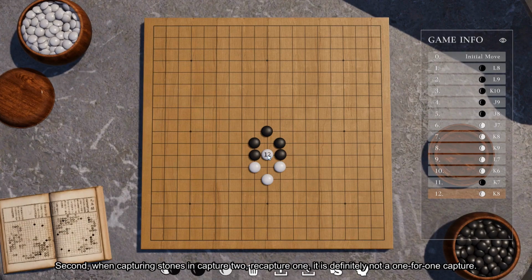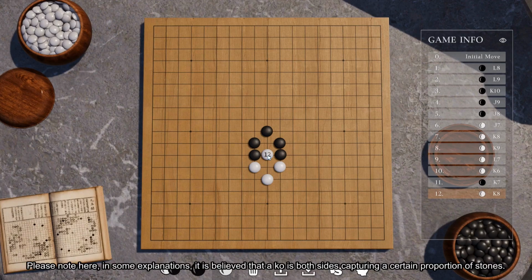Second, when capturing stones in capture 2, recapture 1, it is definitely not a 1-for-1 capture. Or rather, a KO must be a 1-for-1 capture, and anything that is not a 1-for-1 capture is not a KO.